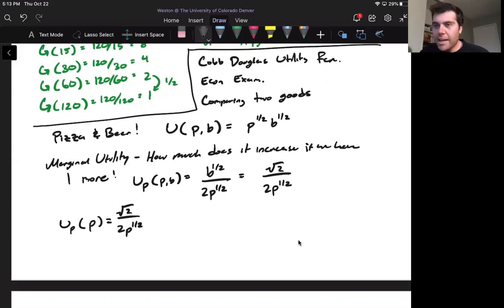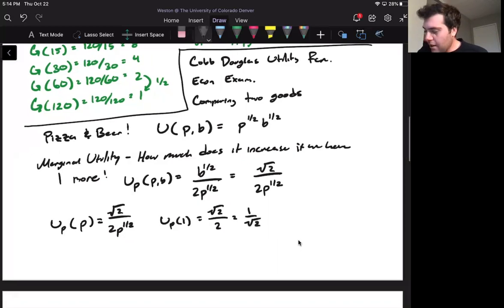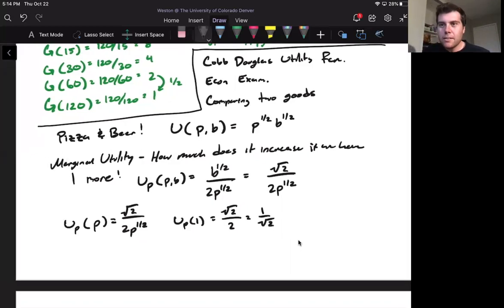So what it's saying is that if we plug in 1, how much value would I get out of having one more piece of pizza if I've only had one, gives us 1 over root 2. That number doesn't really mean anything, but we're going to compare it to if I've already had, what's a nice number to take a square root of?